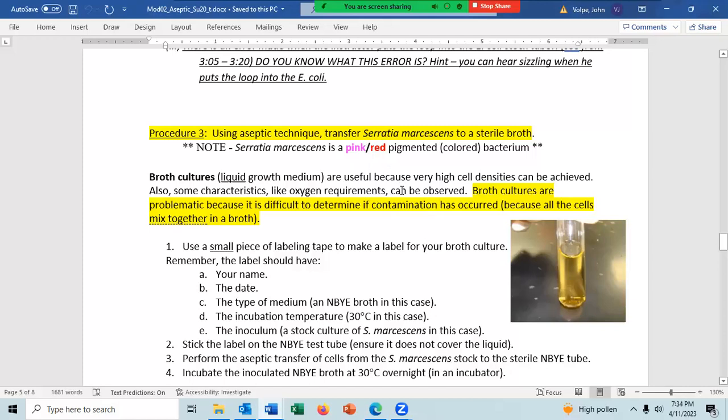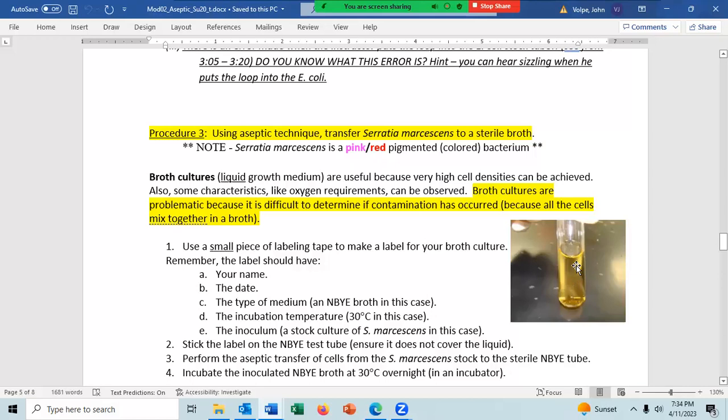Broth cultures are problematic because it is difficult to determine if contamination has occurred. So if we inoculate this tube with Serratia marcescens, it would be difficult to determine if we had minor contamination because all the cells mix together and it will look pinkish in color.